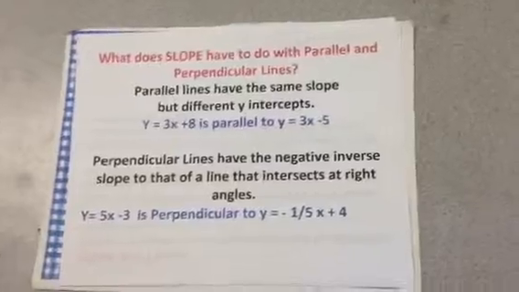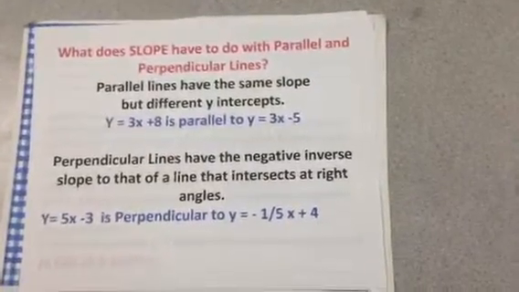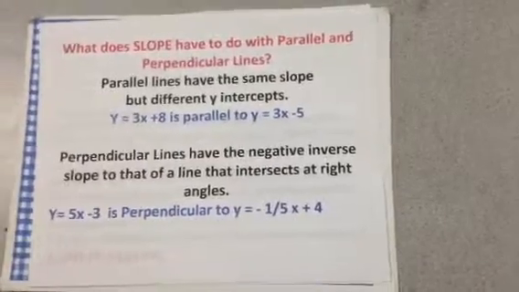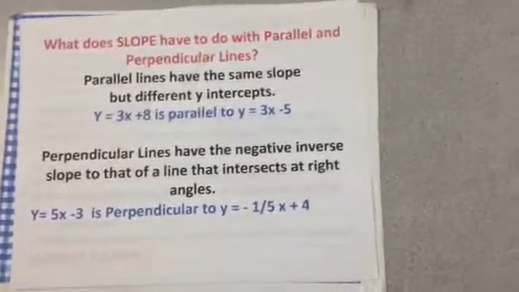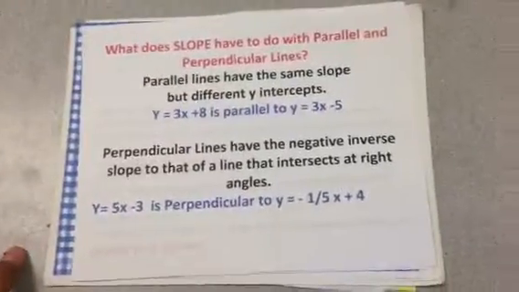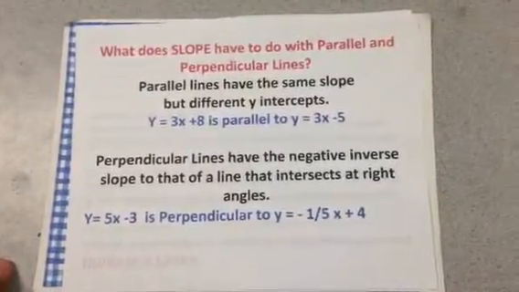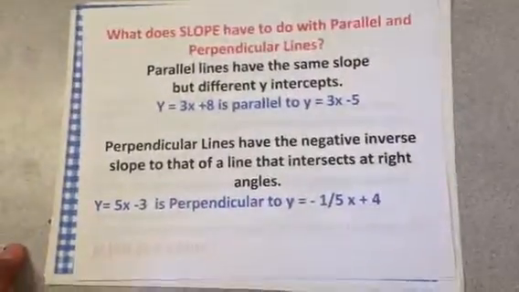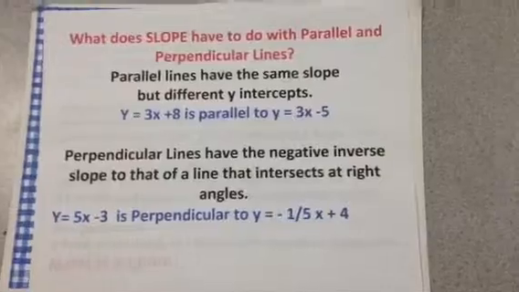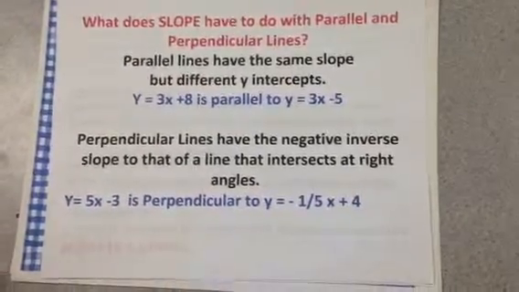Perpendicular lines have the negative inverse slope to that of a line that intersects at right angles. y equals 5x minus 3 is perpendicular to y equals 1/5 times x plus 4.